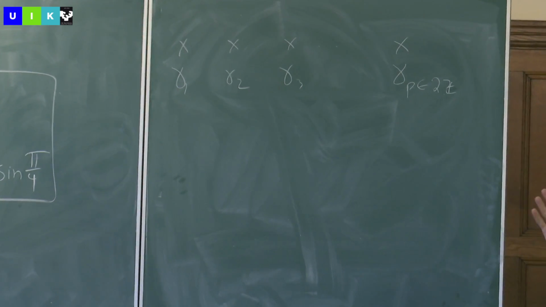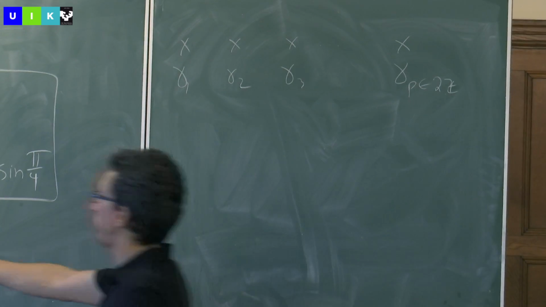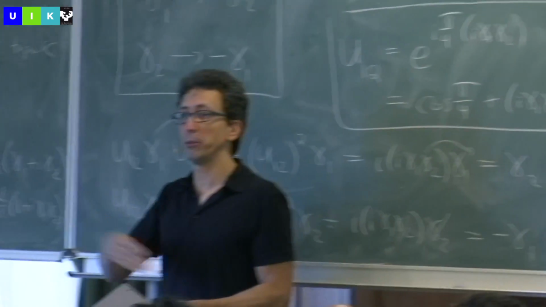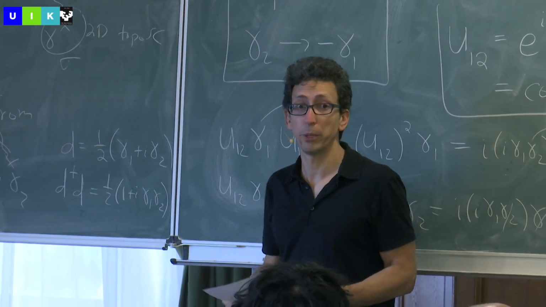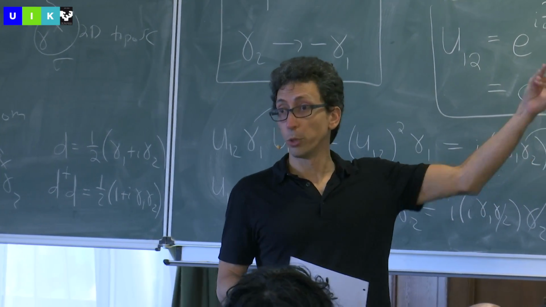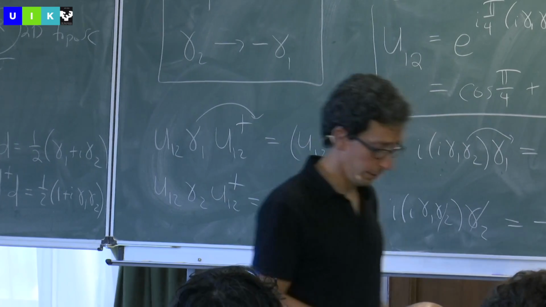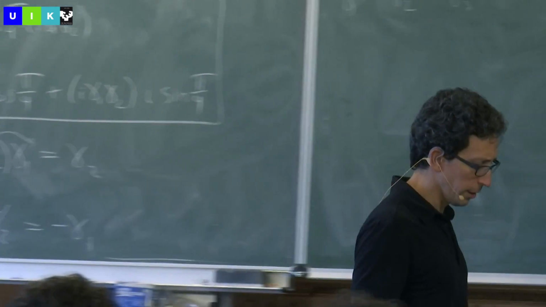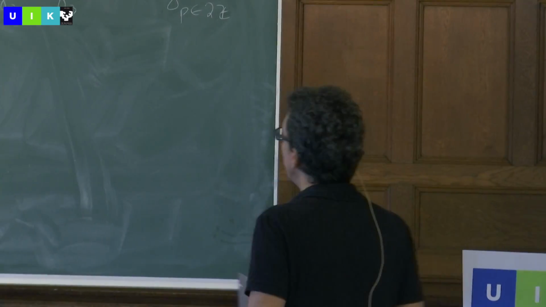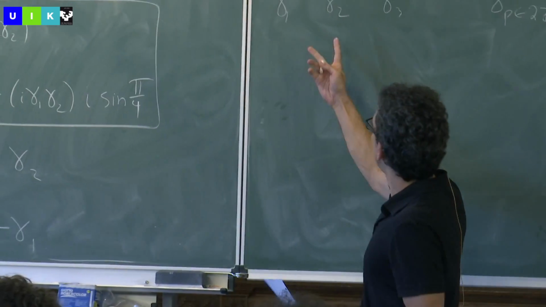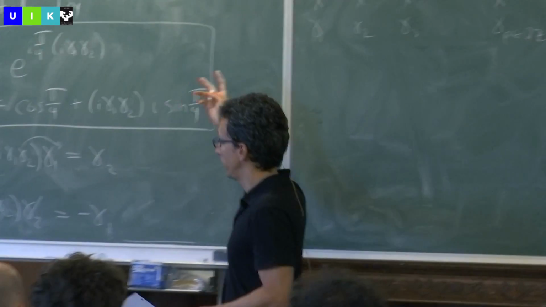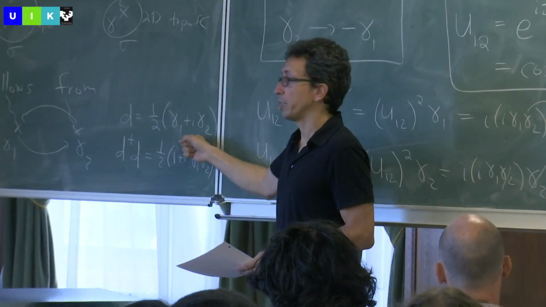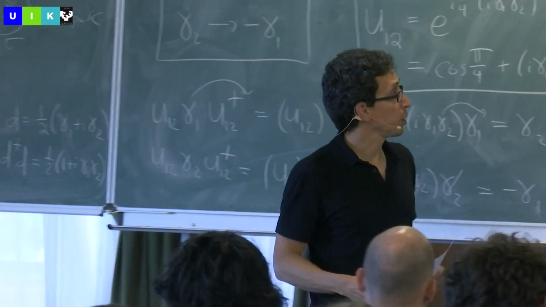Okay, so now instead of having just 2 ground states as I had here, which I wasn't actually able to go between because of fermion parity constraint, now I'm going to have more ground states when p is larger than 2. And so the way to do the bookkeeping is you can take each pair of Majorana zero modes and assemble them into a fermionic operator, as we did here, that has a 0 or 1 occupation number.